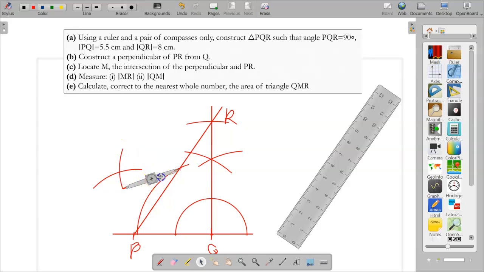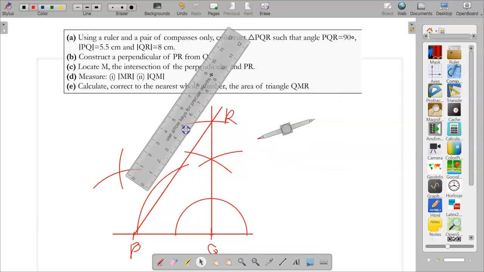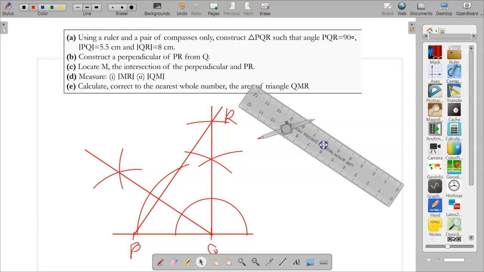Good. Now I'm going to use my ruler to join the point Q through the intersection. So draw a straight line through that to meet the line PR, which becomes our perpendicular line. Okay, and the question said we should label the intersection of the perpendicular line and the PR as M. So here becomes our M.